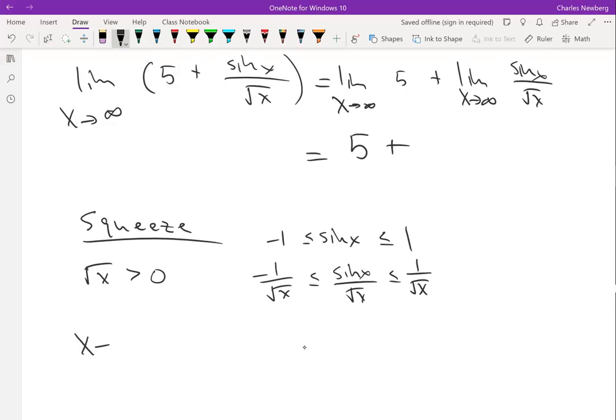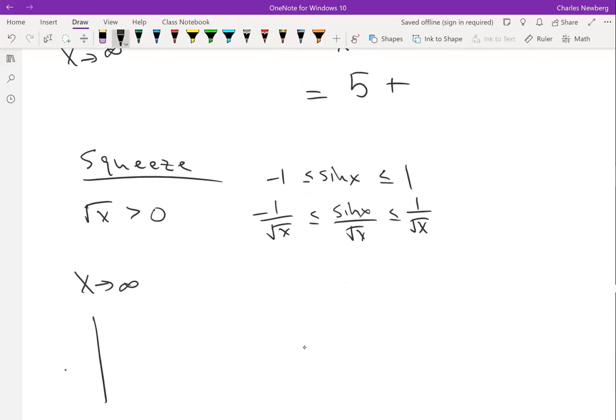And remember, x is going to positive infinity. The square root graph looks like this, so as x goes to infinity, the square root of x also goes to infinity. The square root just slows it down, but it's still getting big.